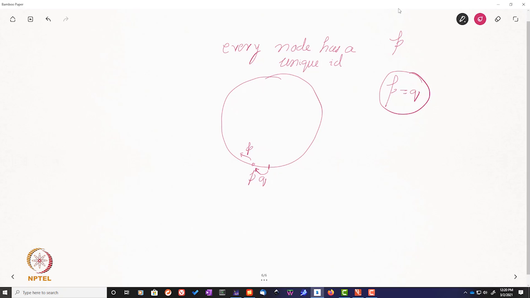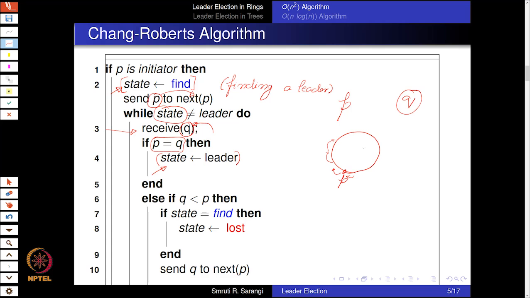Once we have said that every node has a unique ID, and let's say this direction is clockwise, if from my anti-clockwise neighbor I get my own ID back, then the algorithm is terminated. I set the state equal to leader, which basically means that as far as I am concerned, a leader has been elected and the leader is me.